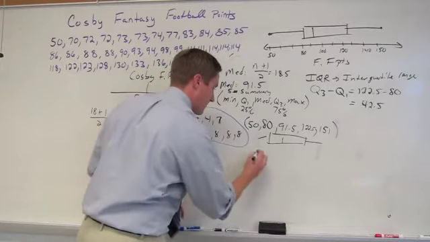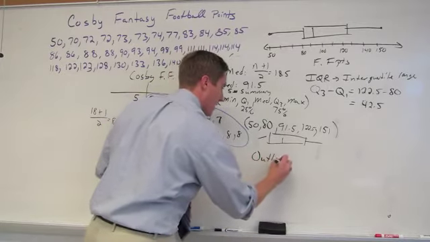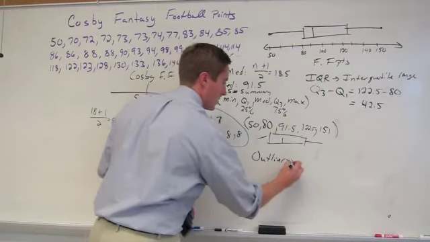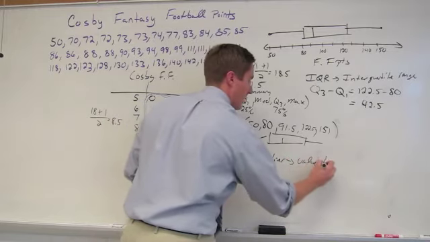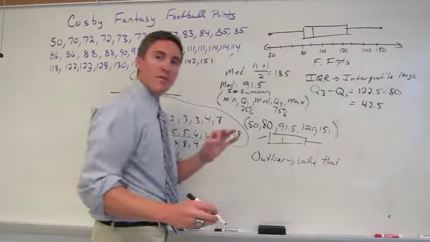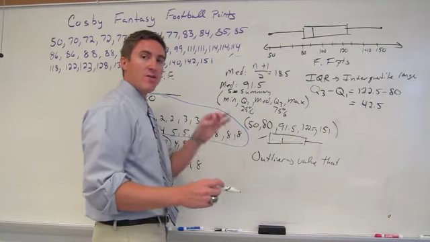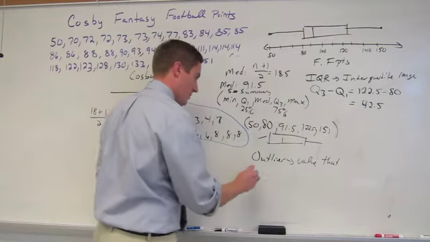An outlier is any value that falls more than 1.5 IQRs away from the quartiles.